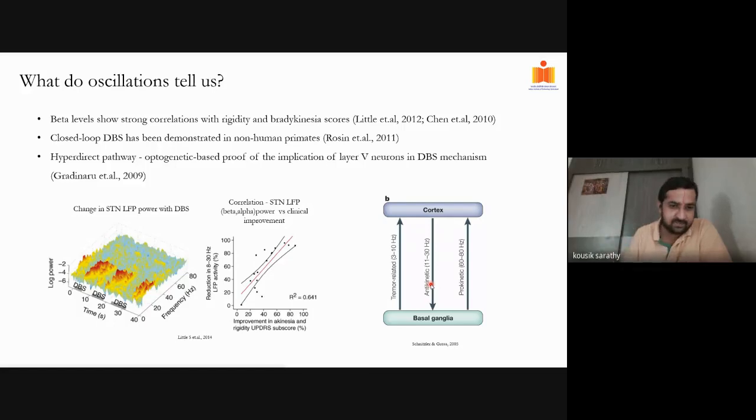But these are papers I can circulate. It's all on my Mendeley, so it shouldn't take much time to circulate them. Each of these comes from a very long set of studies from very different labs. Beta and antikinetic typically comes from Peter Brown's group. Tremor related comes from Lars Timmermann's group.